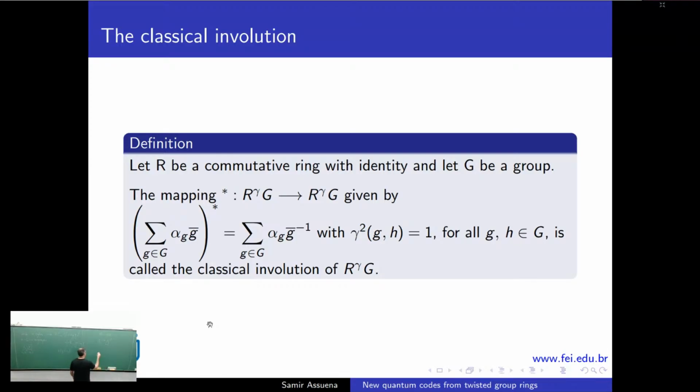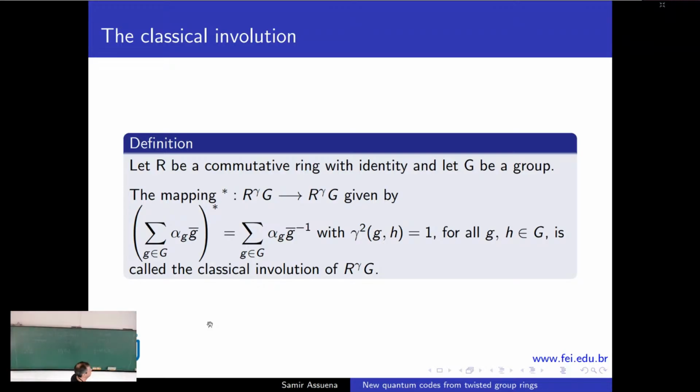Okay? It's also the case that these elements G bar are units in the twisted group ring, so this mapping is well defined.